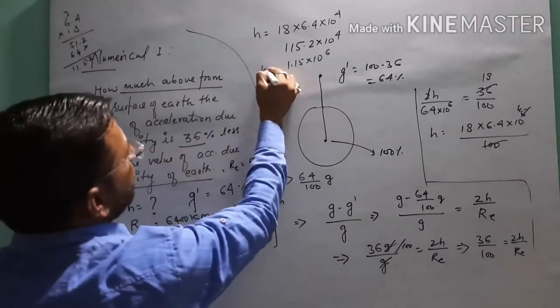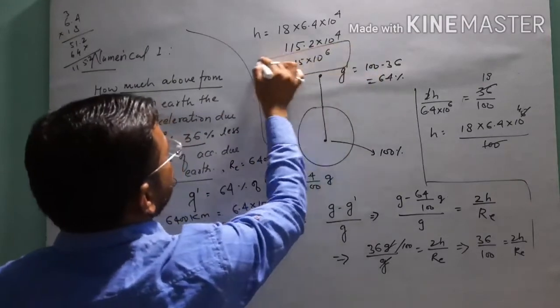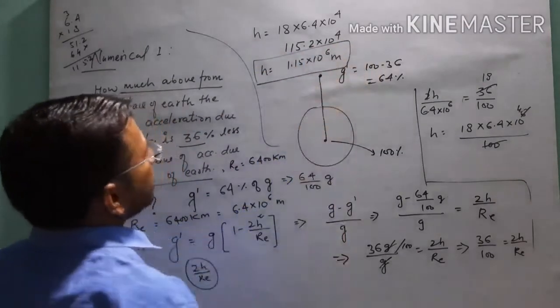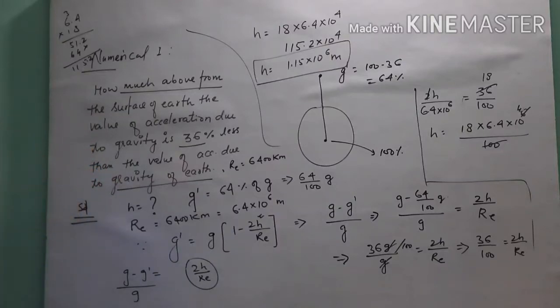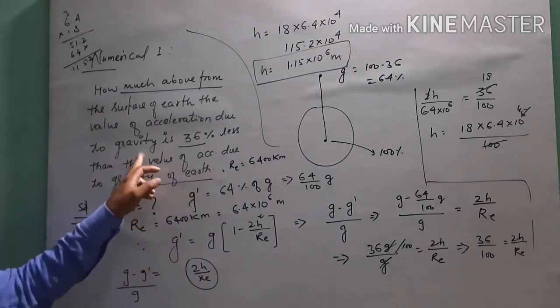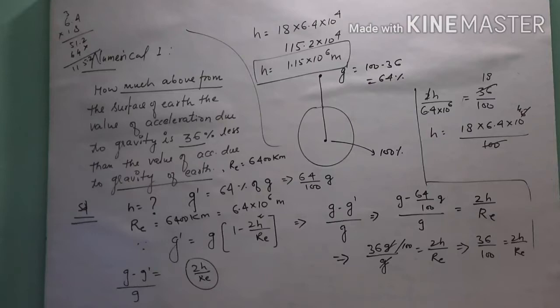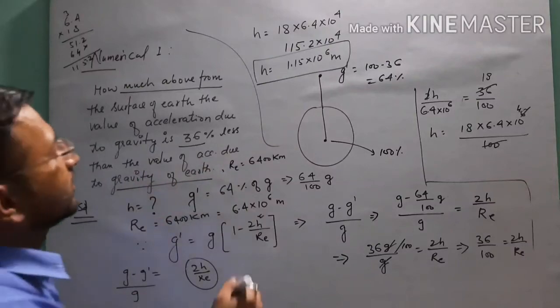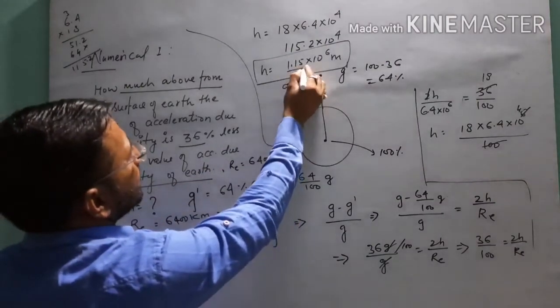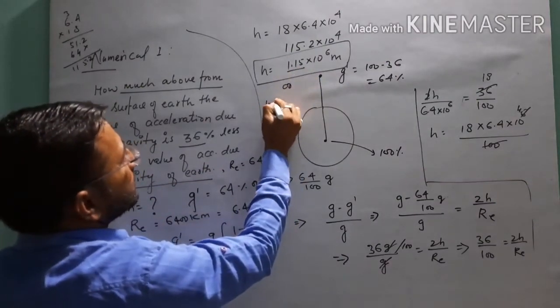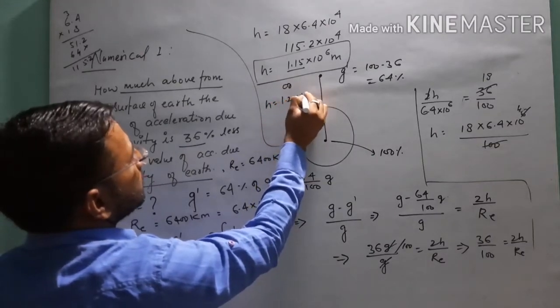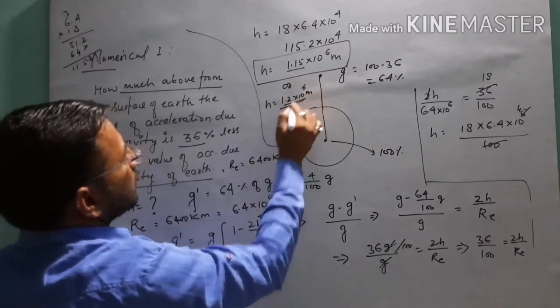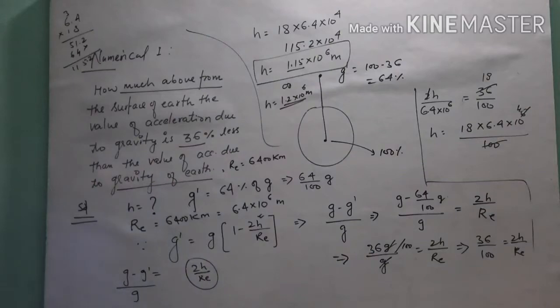So this will be the height, in meters, at which the value of gravity will be 36% less than the value of acceleration due to gravity at earth. Point clear? Or you can write h is equal to 1.2 into 10 raised to the power 6 meter also. Clear, students? So note this numerical.